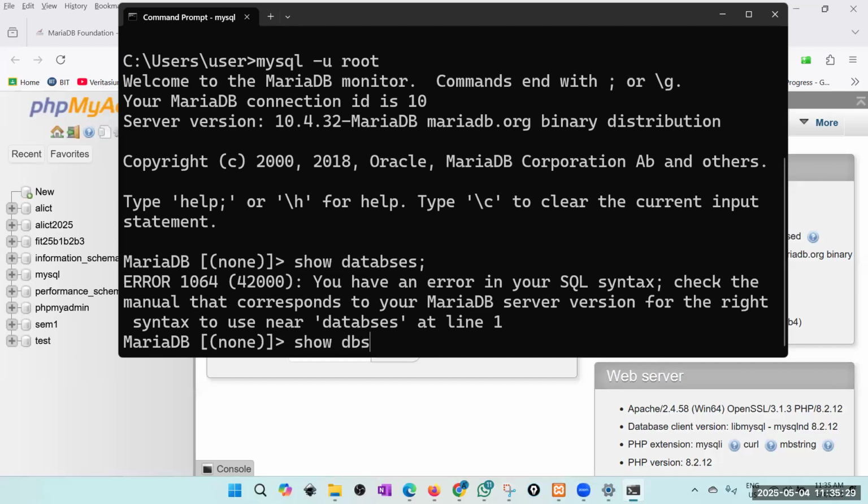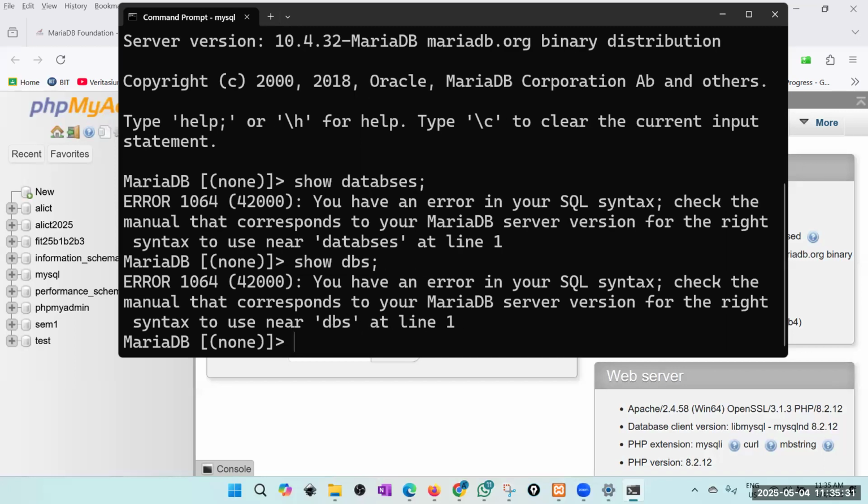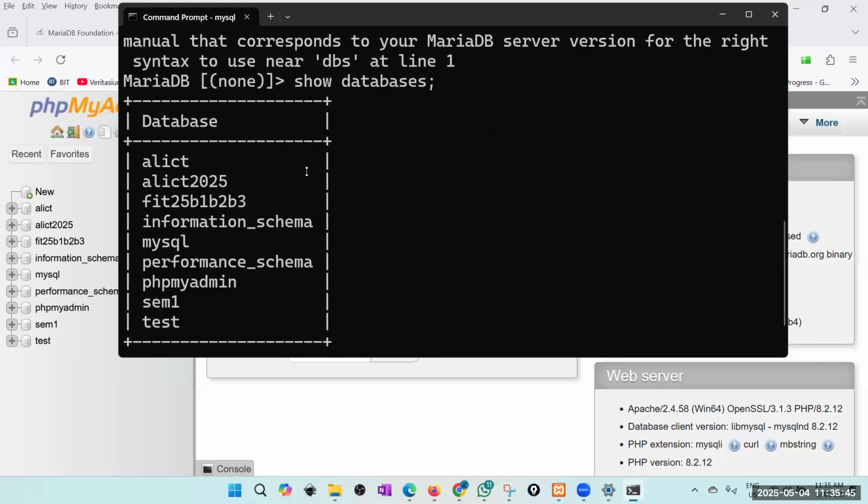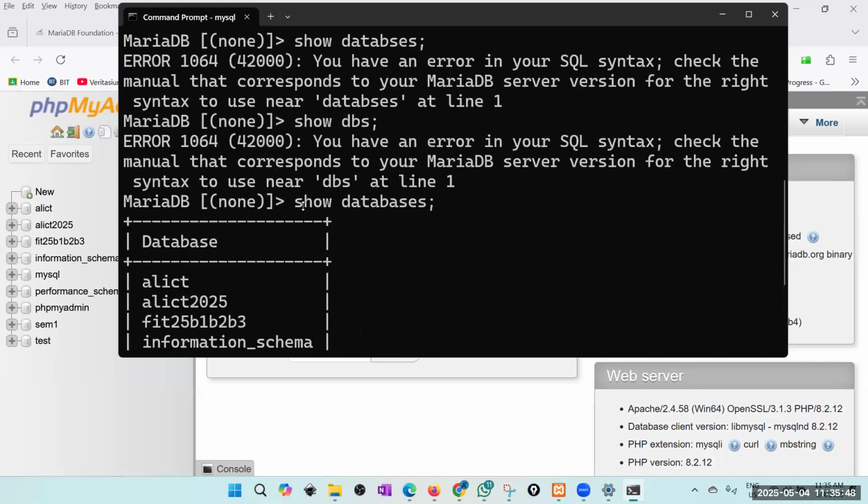Is it show DBs? Anyone can remember what is the exact command? I think I made a spelling mistake. Show databases, right? It's not SQL. It's a MySQL command.